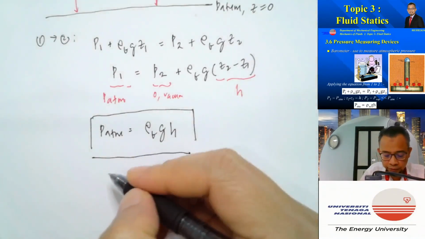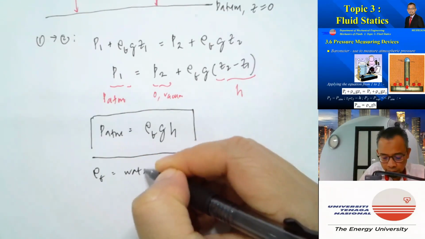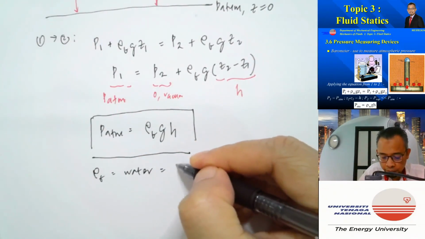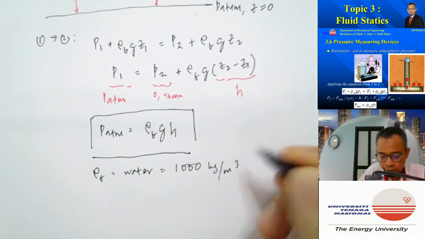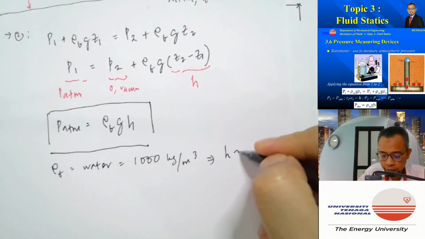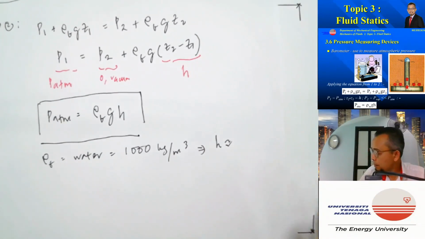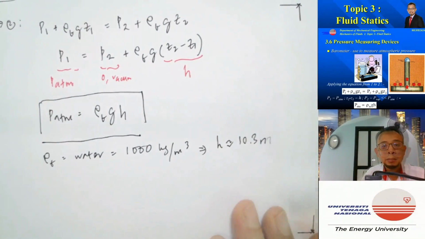For example, if the fluid is water, with density 1000 kilogram per meter cube, H is approximately equal to about 10.3 meter, very high.